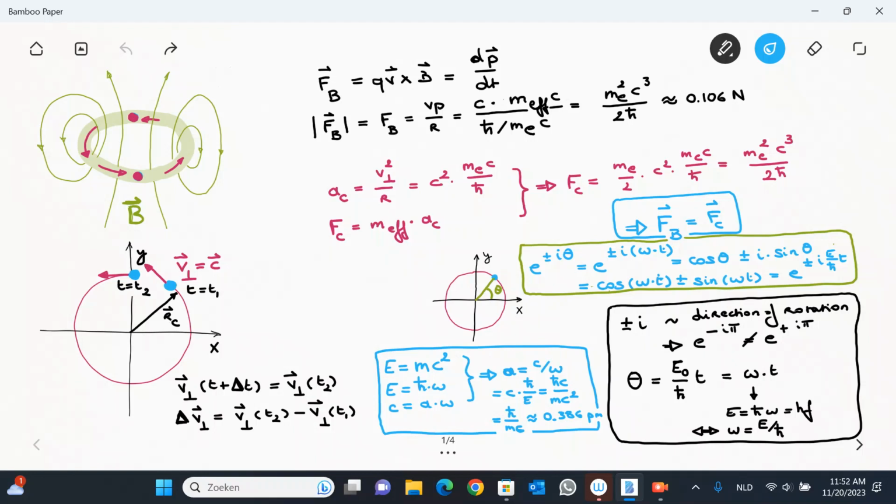The change in this vector quantity p, the momentum vector: a vector quantity has two aspects. Its magnitude, that's the length of the arrow, and then its direction.